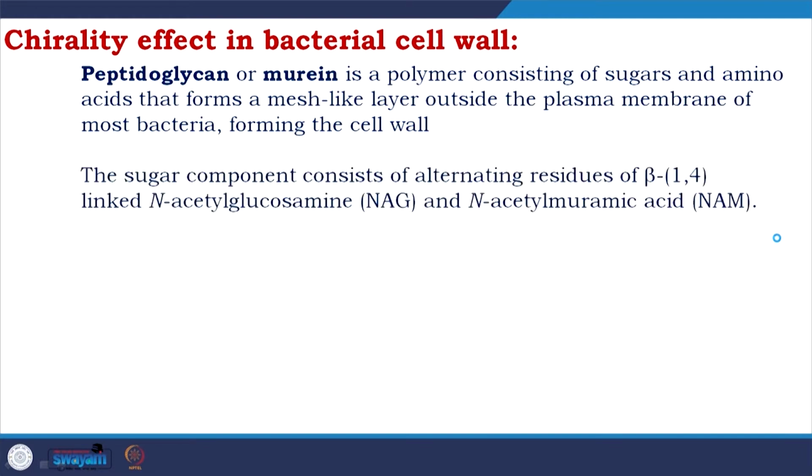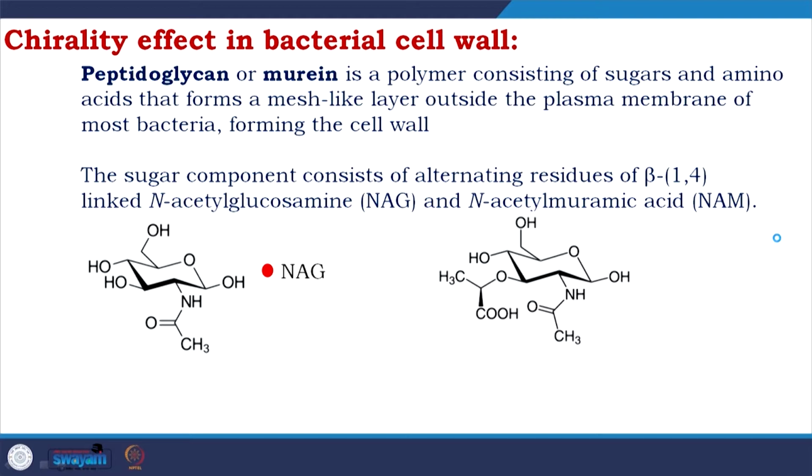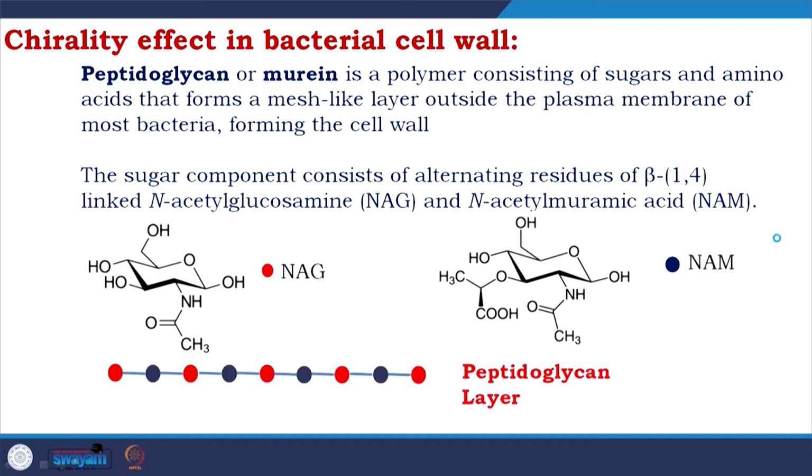The sugar component consists of alternating residues of beta 1,4 linked N-acetyl glucosamine, which is called NAG, and N-acetyl muramic acid, which is called NAM. So, this is the structure of N-acetyl glucosamine and this is the structure of N-acetyl muramic acid. They form linear chains which are known as peptidoglycan layers.